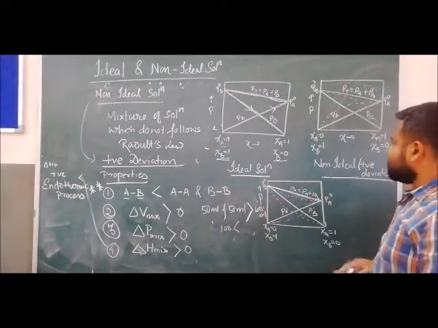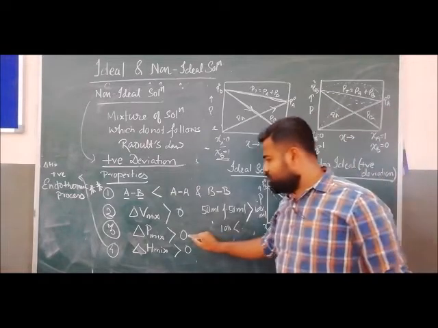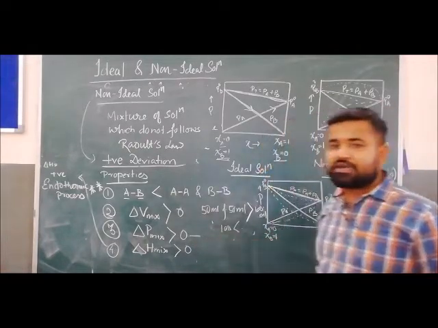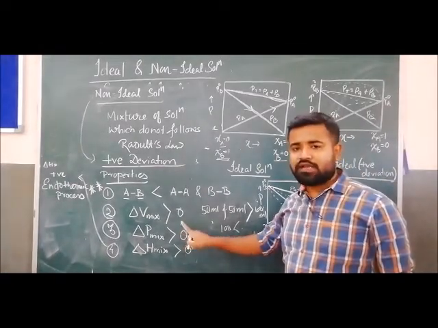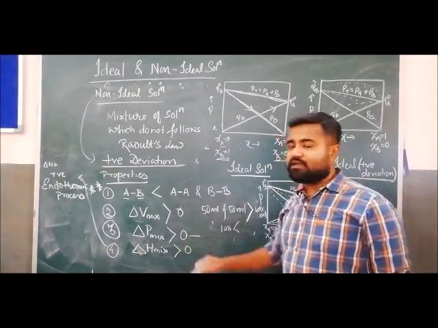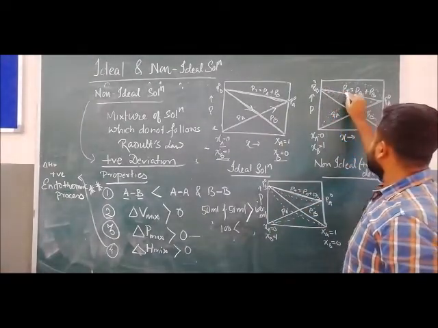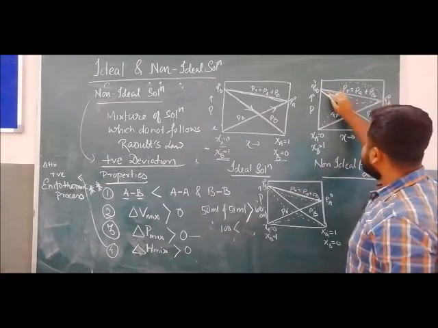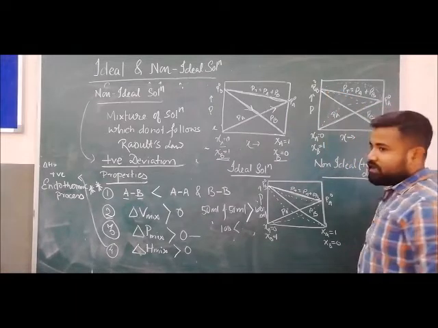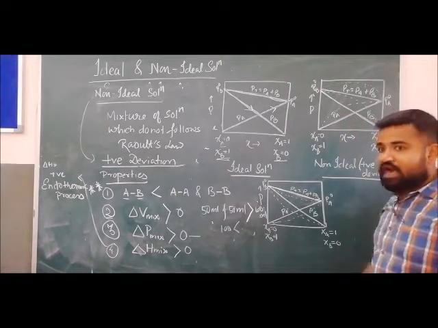Now we come to the graph. Here it was told that delta P mixing, the vapor pressure change, is not equal to 0, it is greater than 0. This dark line represents the vapor pressure of the ideal solution.